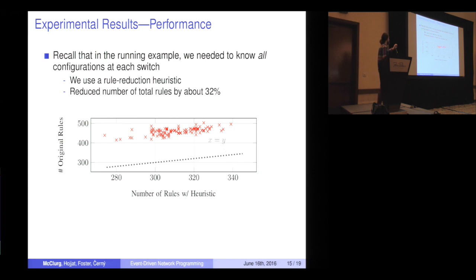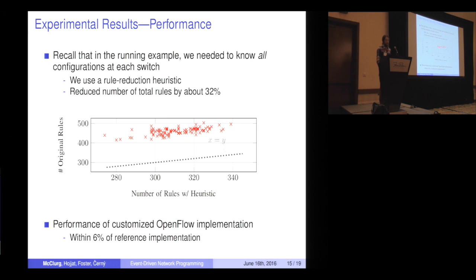We did some randomized configurations and found that we were able to reduce the total number of rules. We also tested our customized OpenFlow implementation, switches, etc., with throughput stress tests in Mininet, and the performance was within 6% of our reference implementation.